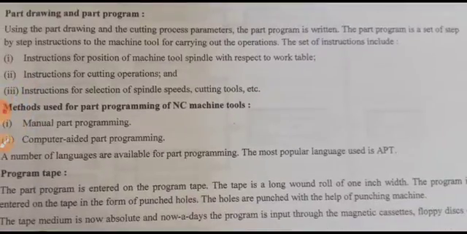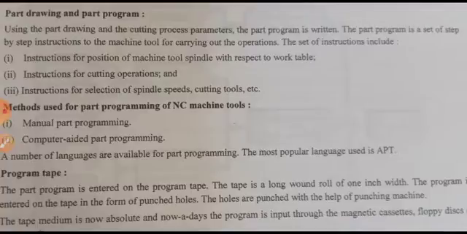Using the part drawing and cutting process parameters, the part program is written. The part program is a set of step by step instructions to the machine tool for carrying out the operation. The set of instructions includes instructions for positioning the machining tool and spindle with respect to the work table, instructions for cutting operation, and instructions for selection of spindle speed and cutting tool. In this part drawing, you have to just program that tape.